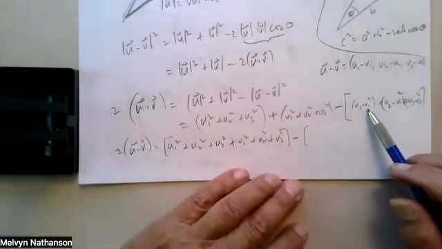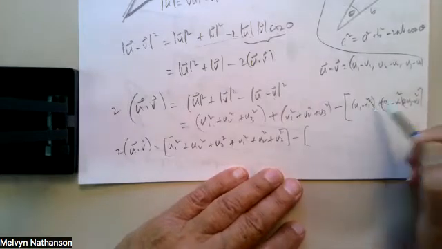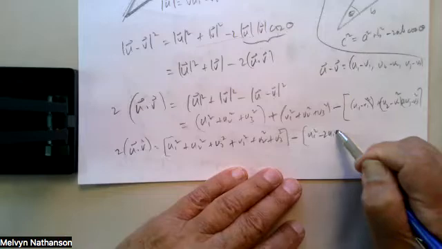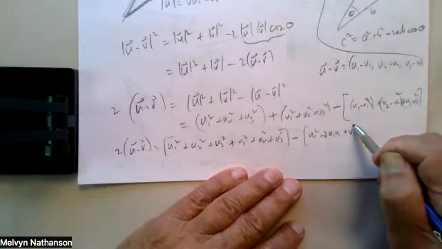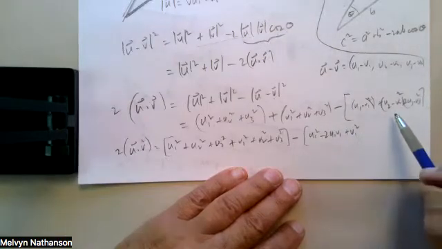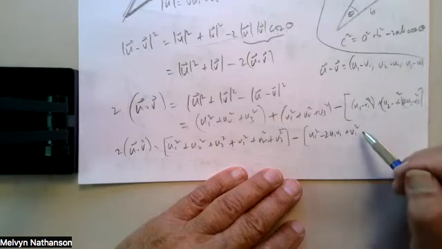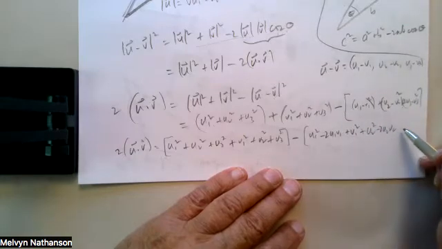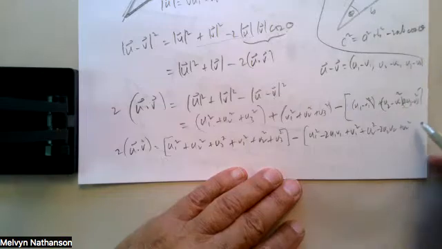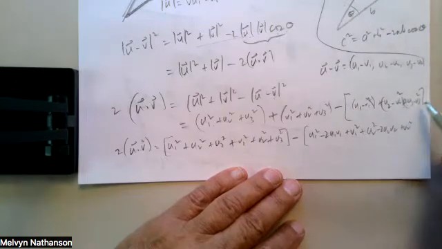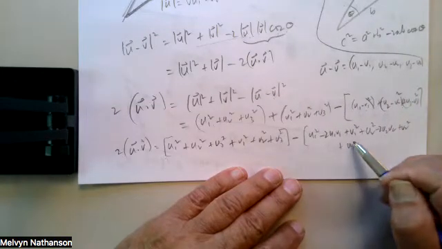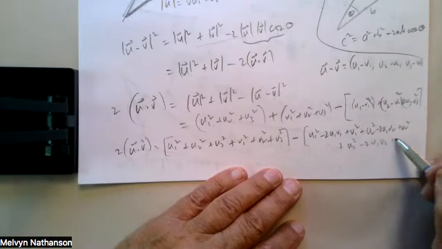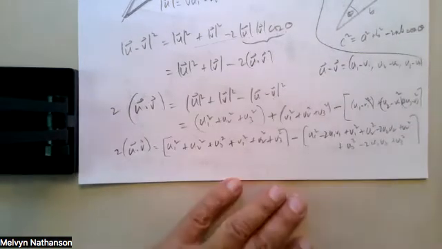When I square u1 minus v1, I get u1 squared minus 2u1v1 plus v1 squared. When I square u2 minus v2, I get u2 squared minus 2u2v2 plus v2 squared. And when I square u3 minus v3, I get u3 squared minus 2u3v3 plus v3 squared.